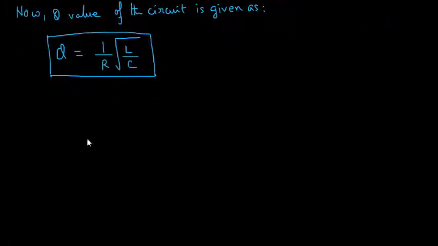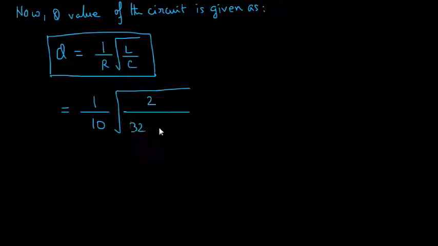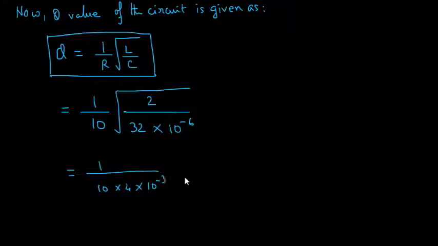Now 1 upon R we'll write 10, under root 2 upon 32 multiplied by 10 to the power minus 6, which is equal to 1 upon 10 multiplied by 4 to the power 10 to the power minus 3, which is equal to 25.